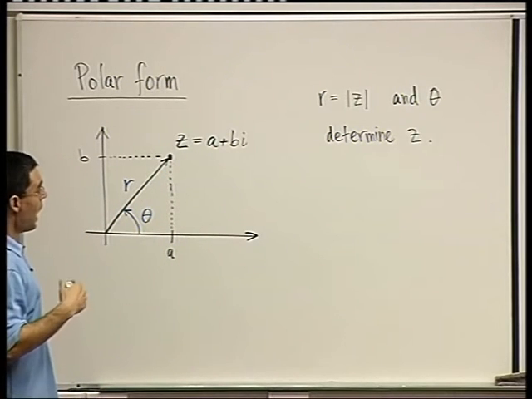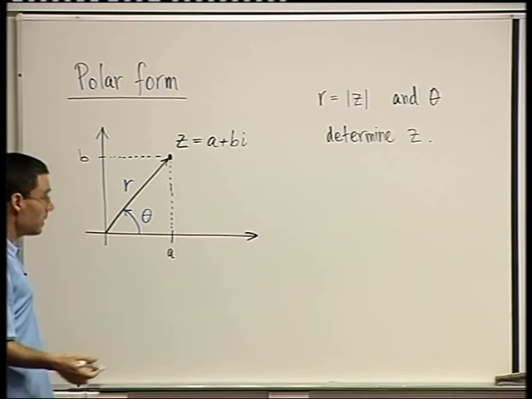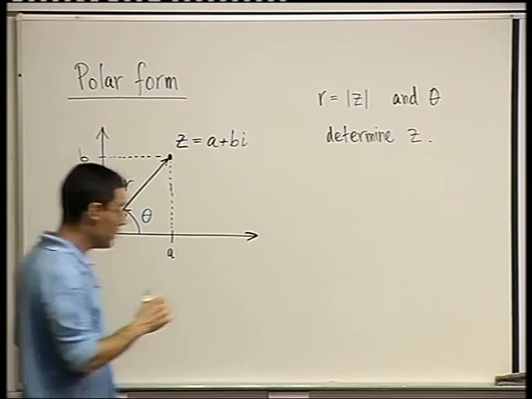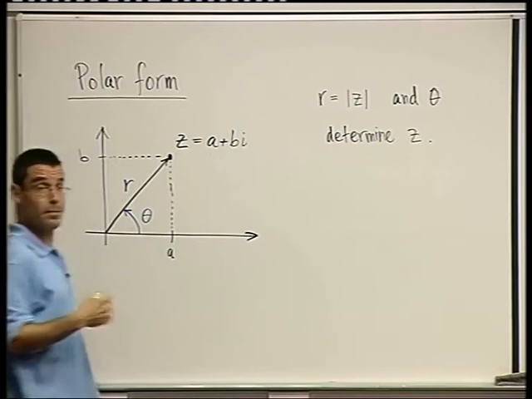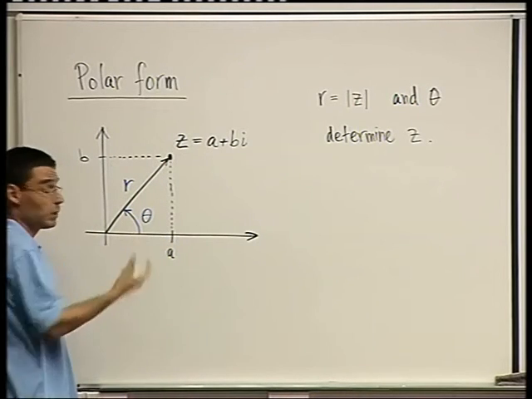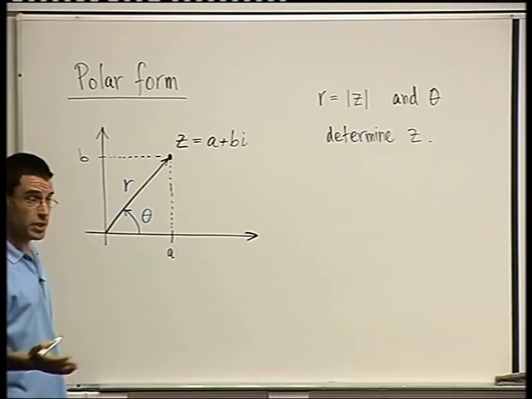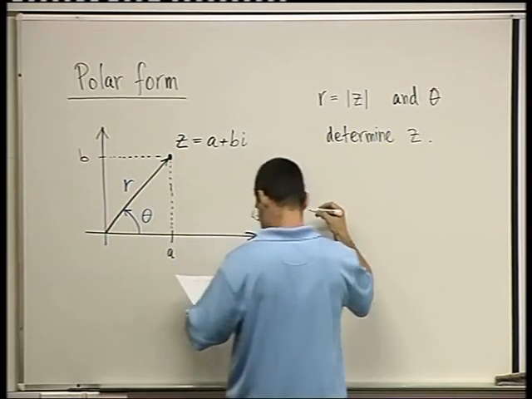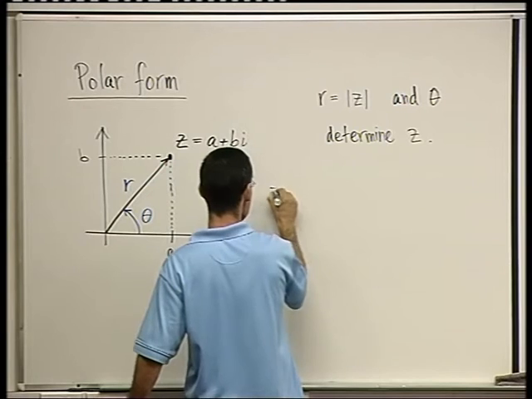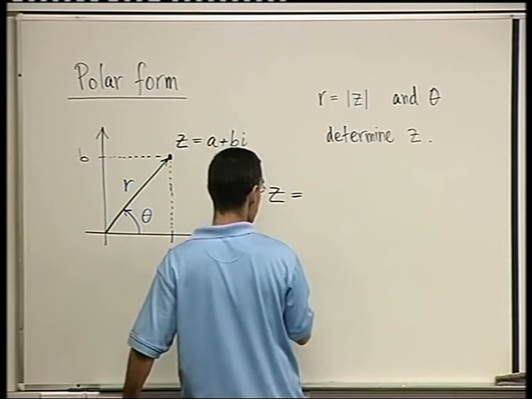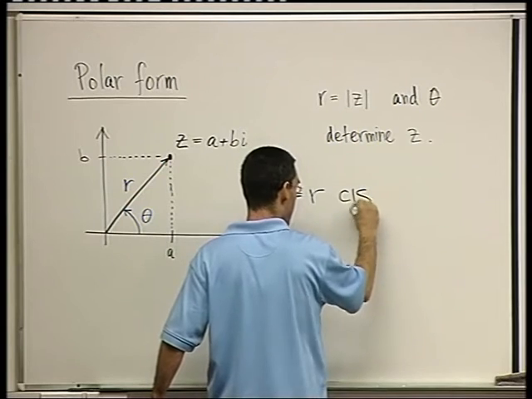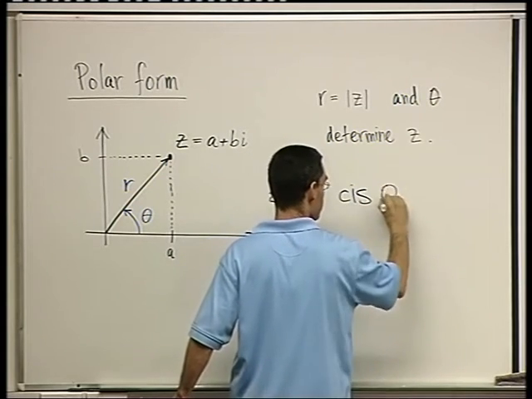So another way of describing complex numbers, this is called polar form, or sometimes called trigonometric form, and we'll see that it's related to trigonometric functions in trigonometry, is the following. We write z as r cis theta.